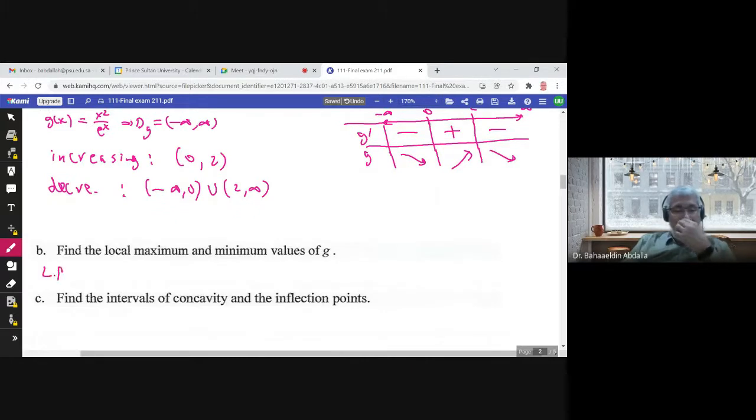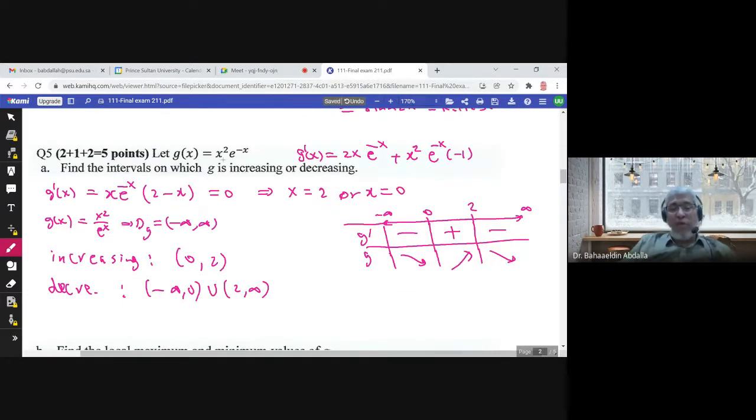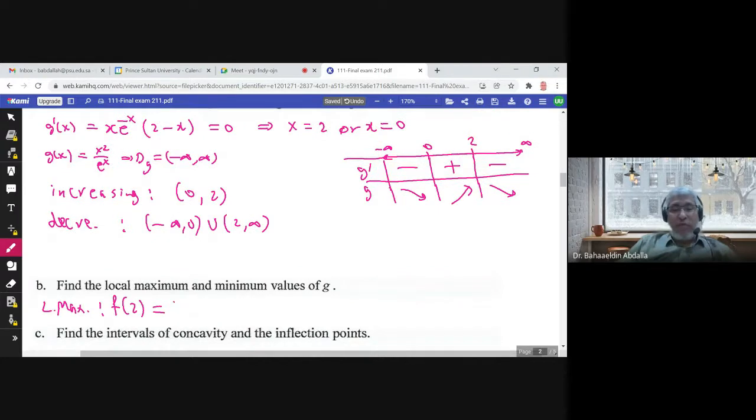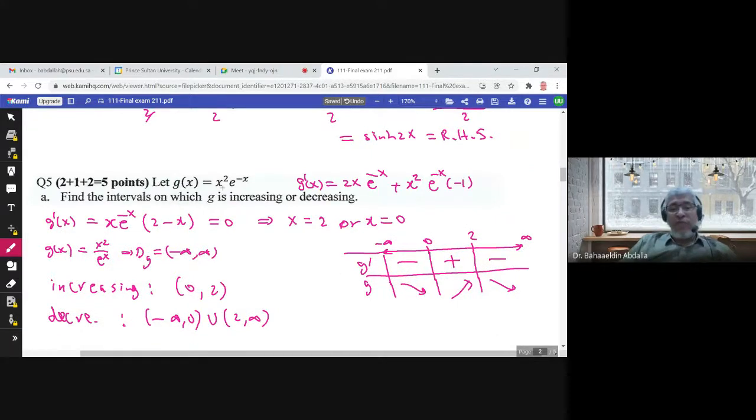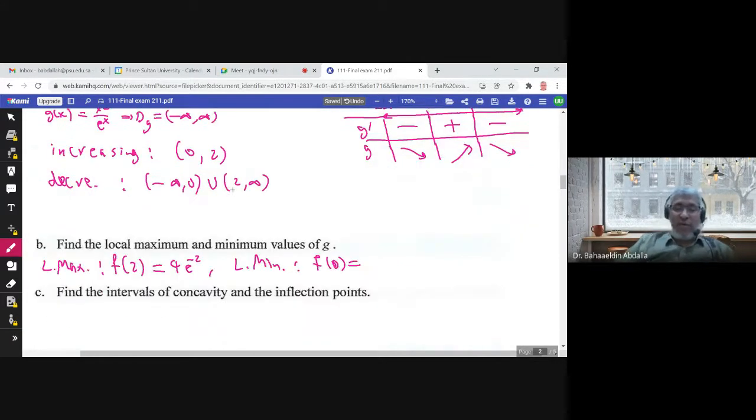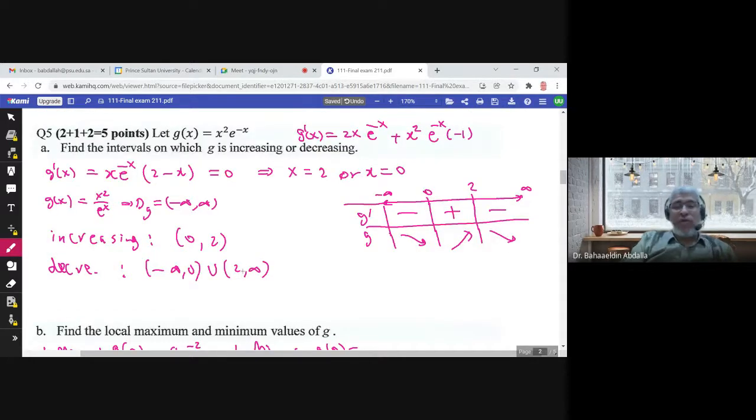So local maximum is f of 2, and I can find the answer. f of 2 is 4 e to the power negative 2. And local minimum is f of 0. And g of 0 would be 0 over e to the power x, that would be 0. So let me change this to g because the function is called g of x, not f of x.